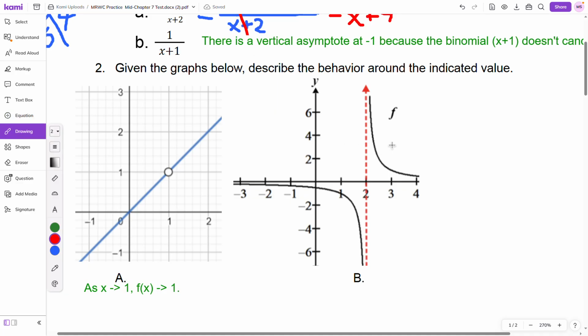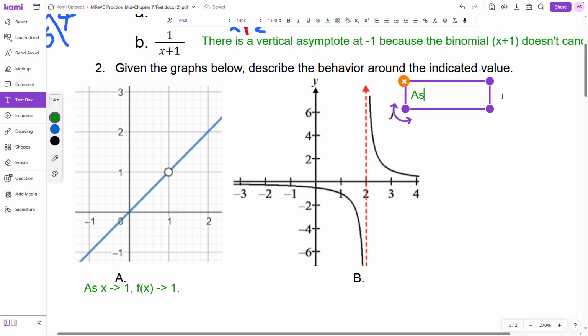And then the second one, we have something a little bit more interesting. Here we can see that it's approaching positive and negative infinity as x goes to 2. So we're going to say as x goes to 2, and you can either put the little exponent minus up top, or you could also use words.